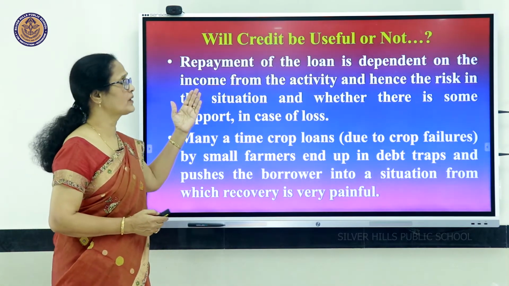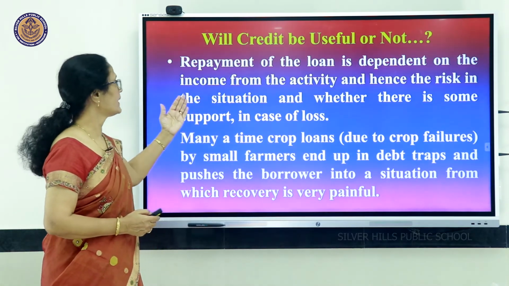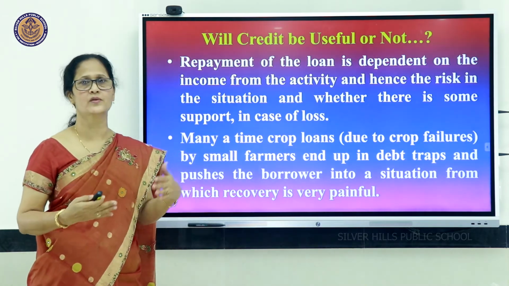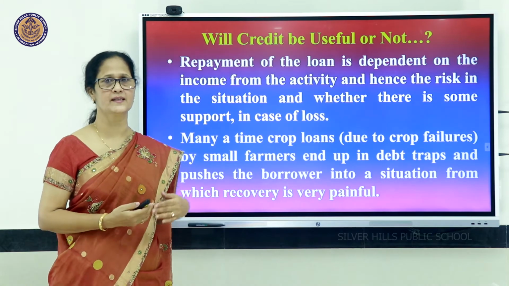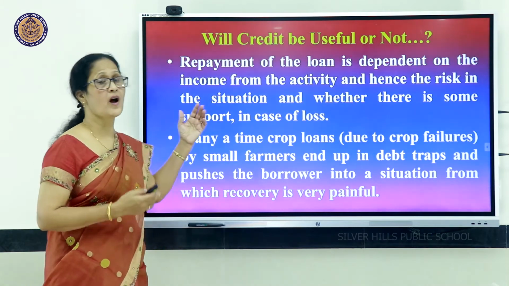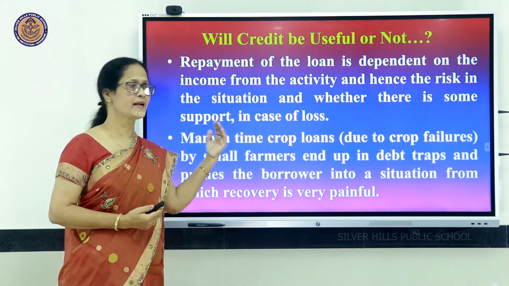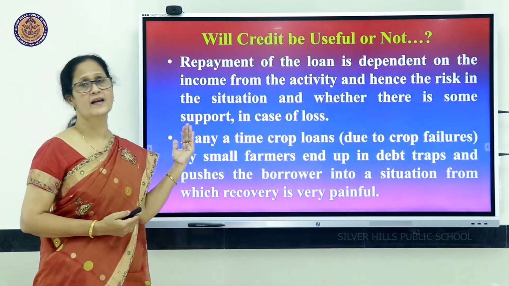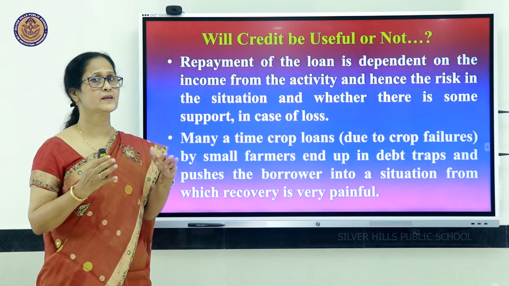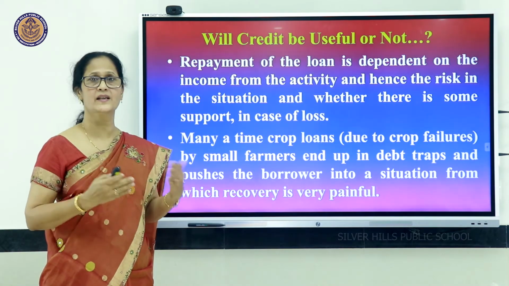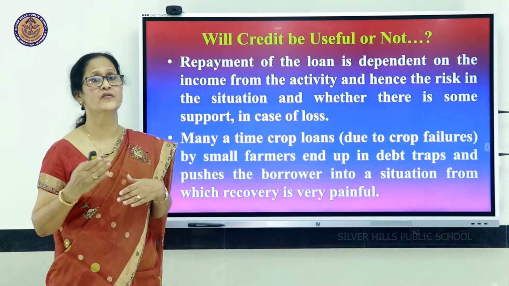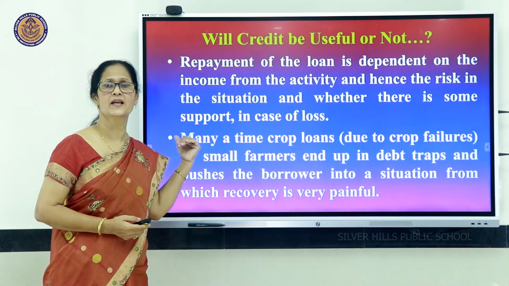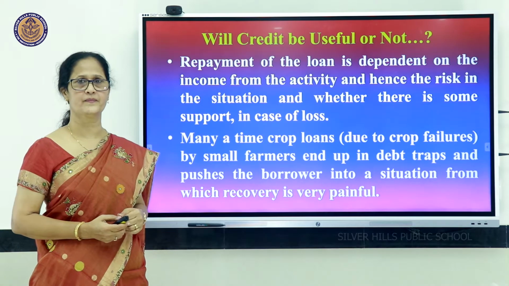The repayment of the loan is dependent on the income from the activity. For what activity, for business or cultivation, for what activity he has taken the loan, how much income he is getting from that activity, and therefore the risk in the activity, whether that business activity was risky or not, having the risk of failure or not, and whether there is some support in case of loss.